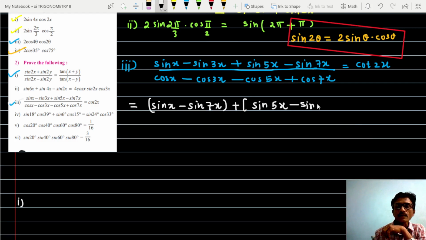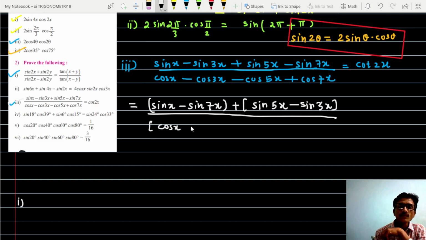Sin 3x, minus sin 3x. See, the denominator is the same, cos x plus cos 7x and plus, in the next bracket we will group this.